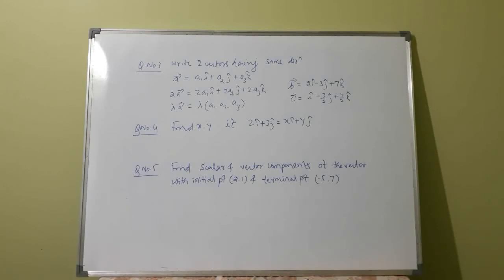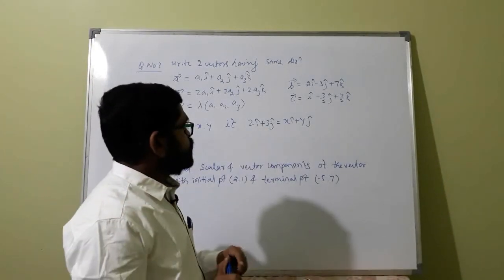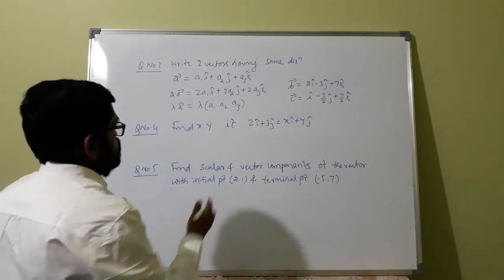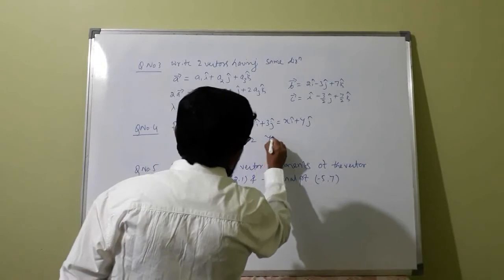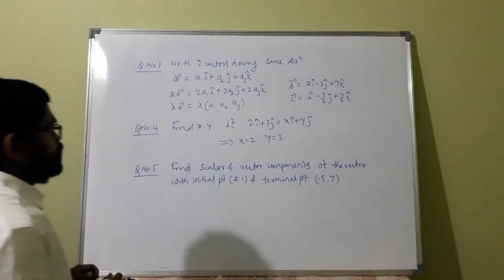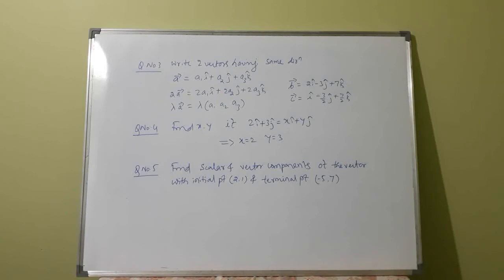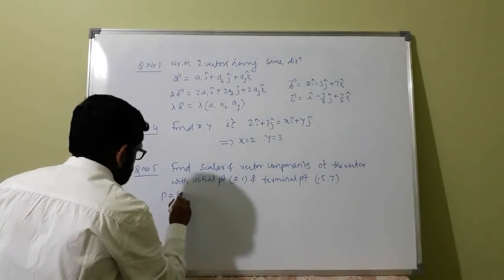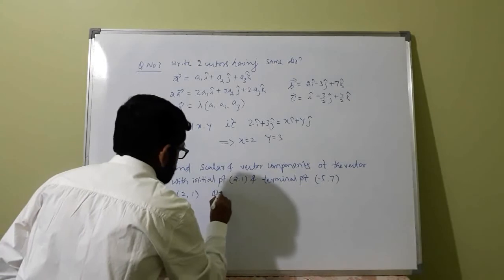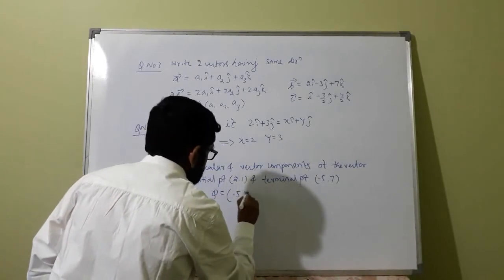Find x and y. Next question. If 2i plus 3j is equal to xi plus yj, obviously x is equal to 2 and y is equal to 3. Find the scalar and vector components of the vector with initial point 2, 1 and terminal point minus 5, 7. Suppose p is equal to 2, 1 and q is equal to minus 5 and 7.